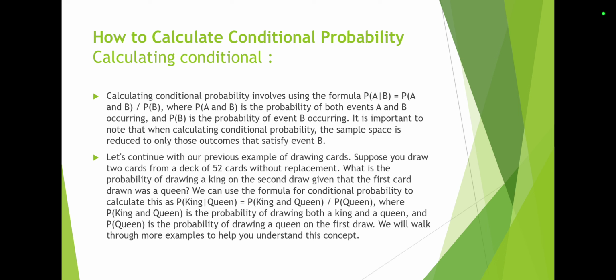We can use the formula for conditional probability to calculate this as probability of king by queen is equal to probability of king and queen by probability of queen, where probability of king and queen is the probability of drawing both a king and a queen, and probability of queen is the probability of drawing a queen on the first draw. We will walk through more examples to help you understand this concept.